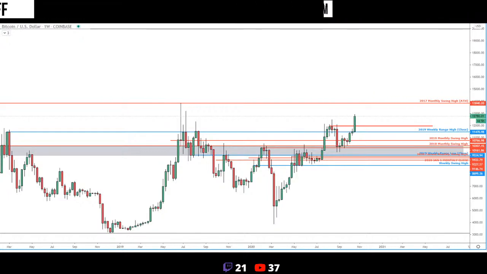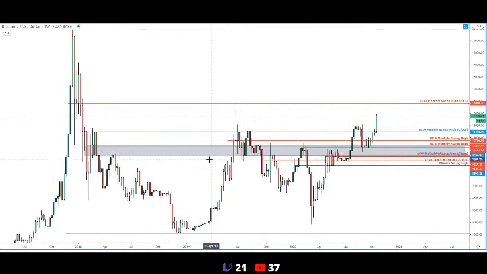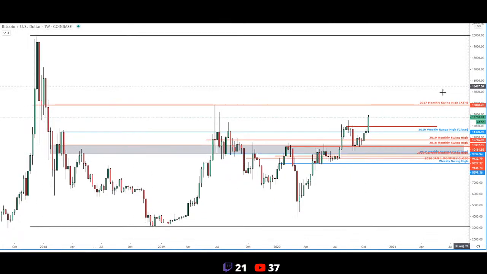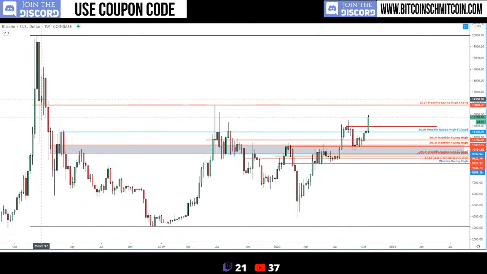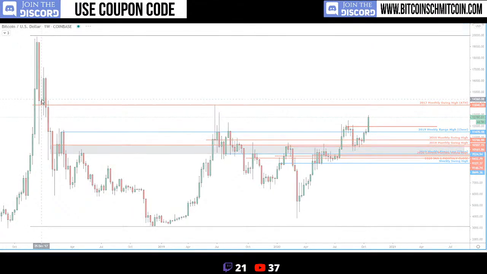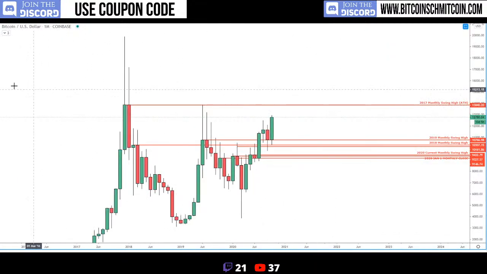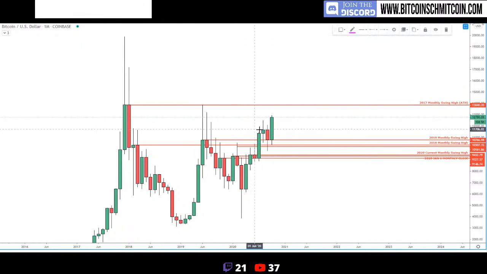Oh, so I guess I should talk about why I think 14K is the next objective. So on the weekly chart, we see this very strong horizontal level, and when we look at the monthly chart, more of the same. So what I'm expecting to be the next step, whether it's coming down here and retesting, ultimately, I think we go here.